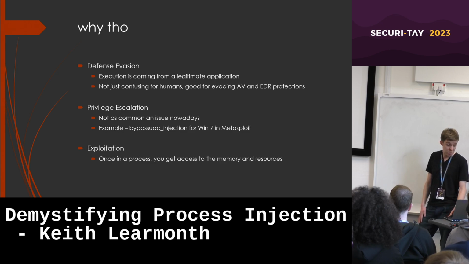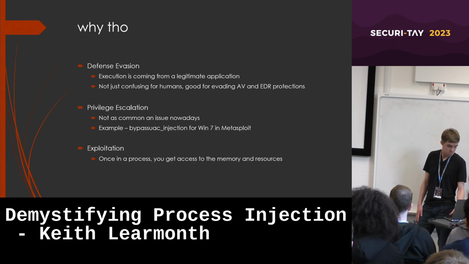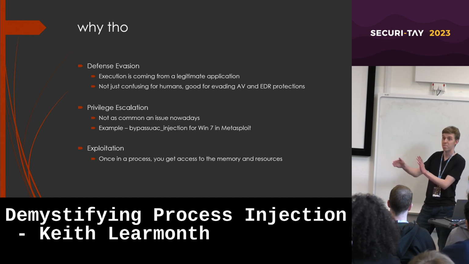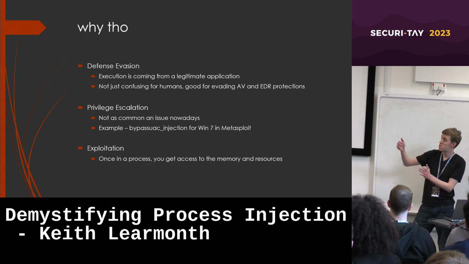And exploitation. Once you are injected into a process, similar to how you get access to the privileges, you get access to whatever memory and resources that process has. The big one there is LSASS. Traditionally, to steal credentials from LSASS, which is the executable that runs basically all the Windows authentication stuff locally, you would do a memory dump of that and then use a tool like Mimikatz on the dump.